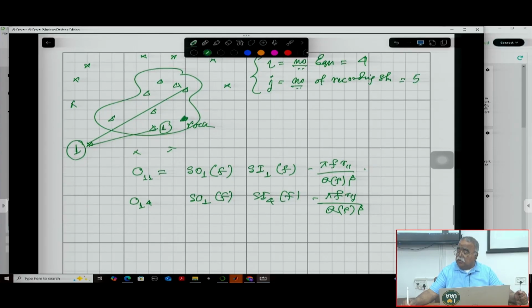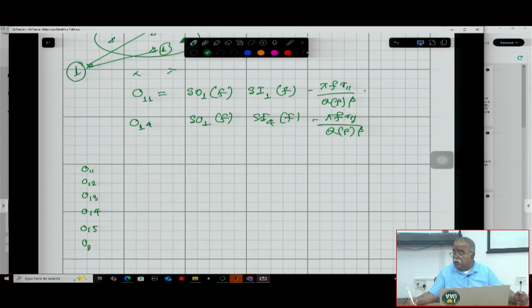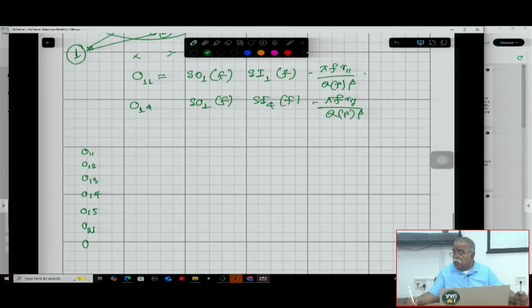Similarly, you can do it for all the stations wherever you have records. So on this side we have O11, let's say O12, O13, might be O14, might be O15. So these are the stations. Then O21, O25, O22, might be O23. So these are all the records. We can write all the recorded data on the left hand side.